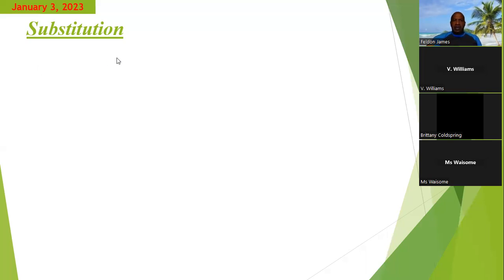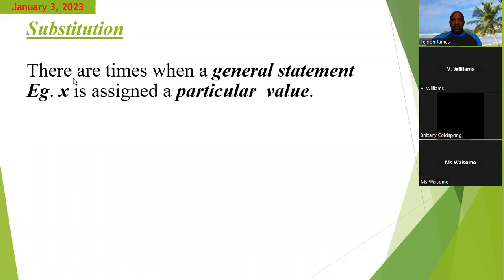Now, substitution here is when we actually assign some value to the symbol that we are using. So the process of assigning a value to a symbol or a value to a letter is what we refer to as substitution.